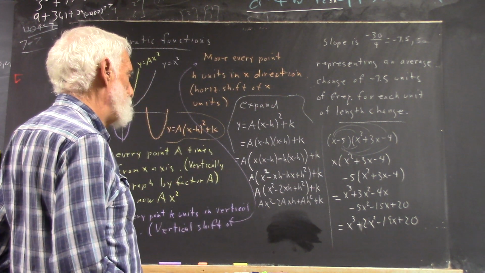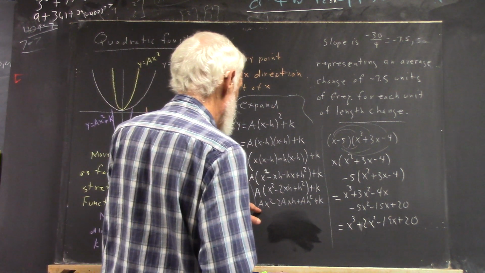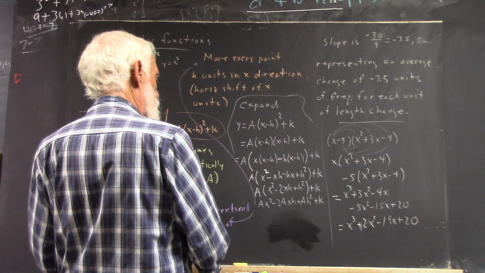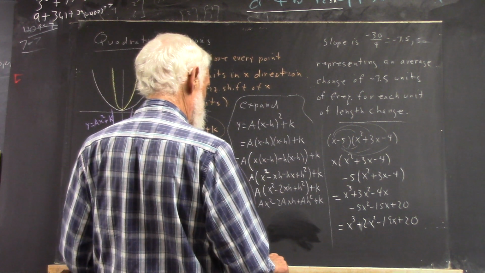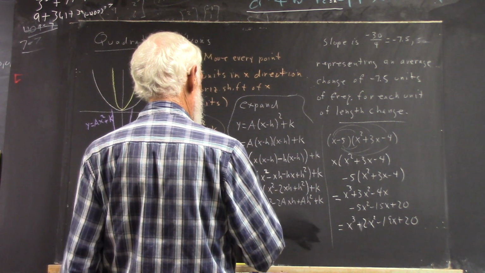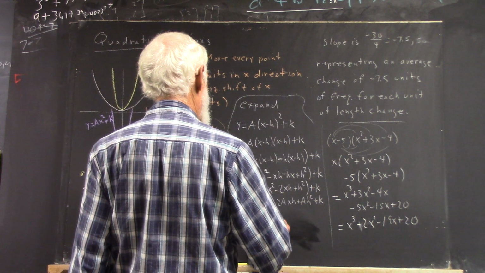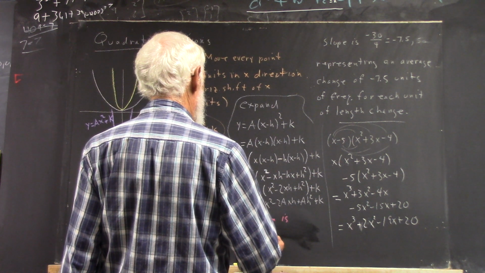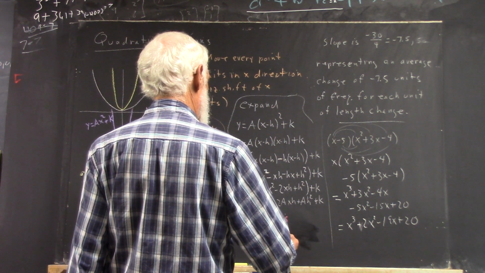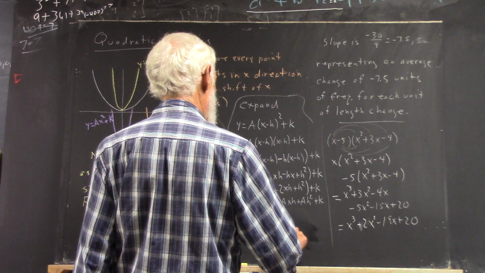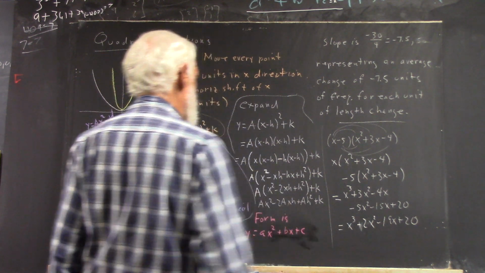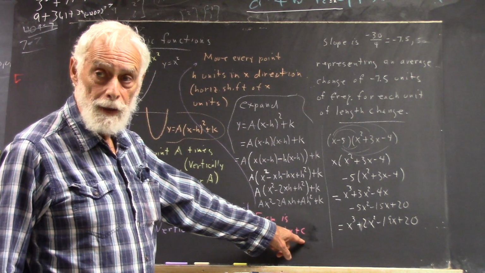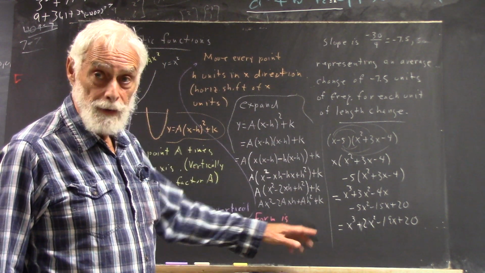Okay, well, this is of the form something times x squared plus something times x plus something else, where A, B, and C stand for numbers.